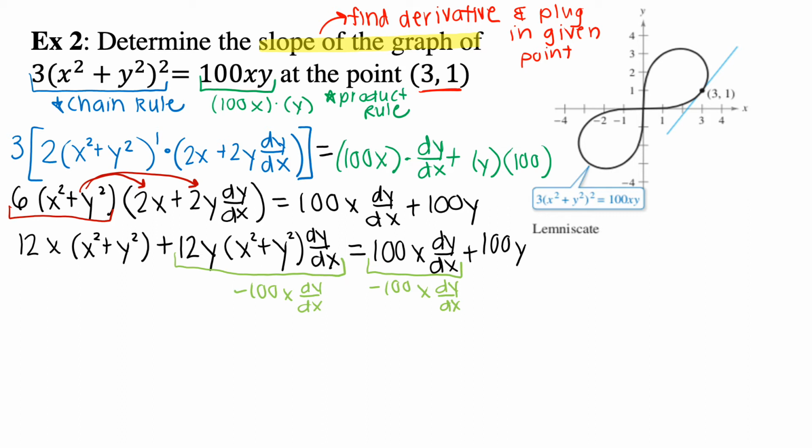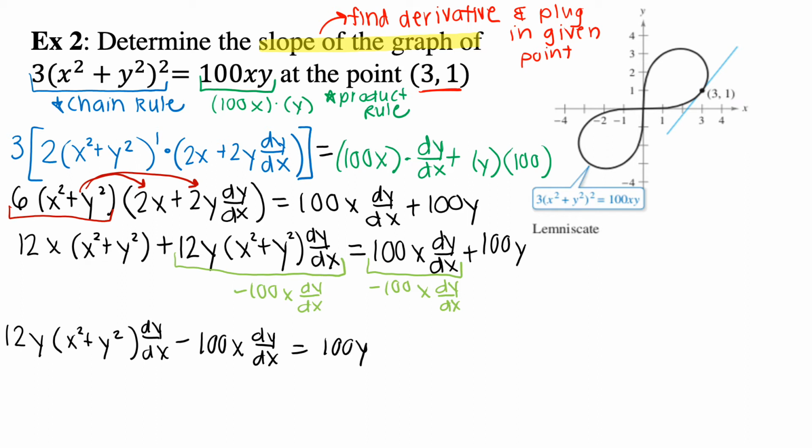So my left-hand side is going to look like 12y times x squared plus y squared dy dx minus 100x dy dx equals, now I'm going to leave that 100y, but I need to move this term over to the other side, which I can do by subtracting 12x times x squared plus y squared and doing the same thing on this side.